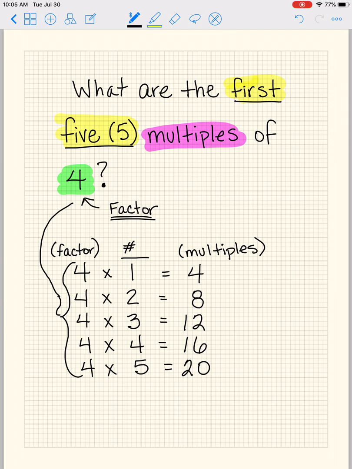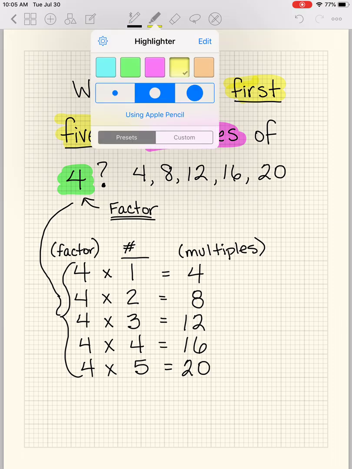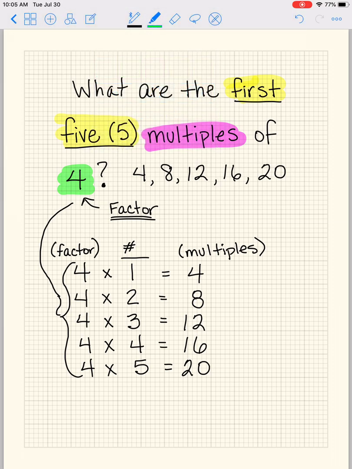So when you go to answer the question, what are the first 5 multiples of 4, you're going to say 4, 8, 12, 16, 20. And to show below, here's our factor, 4, which matches from the question.